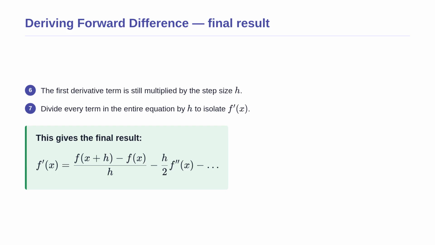All the remaining terms at the end represent the truncation error. Truncation error is simply the mathematical garbage left over when we chop off an infinite series to make a practical, usable formula. Because the largest error term is multiplied by h to the first power, we say this approximation has an error of order h.